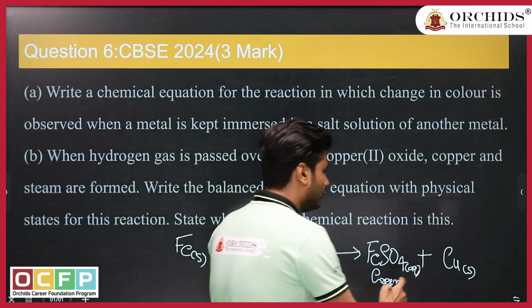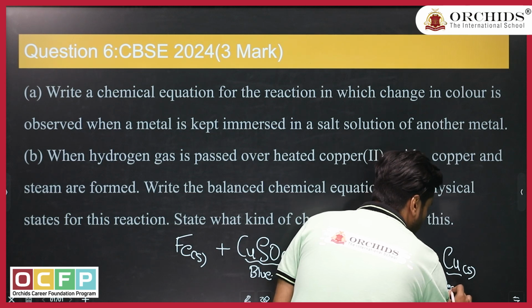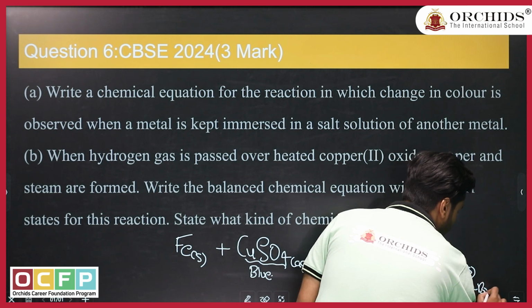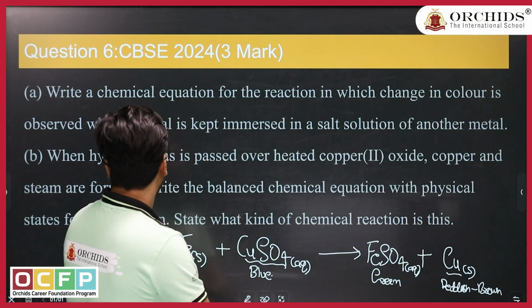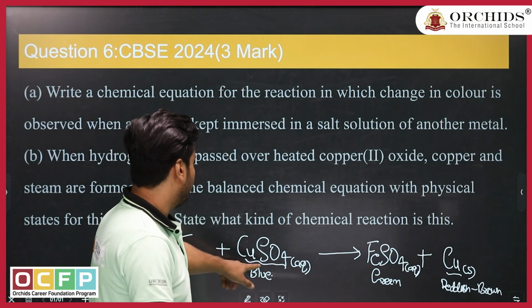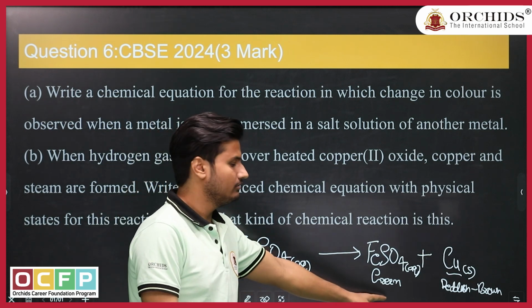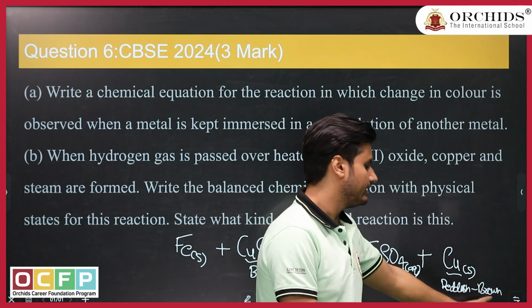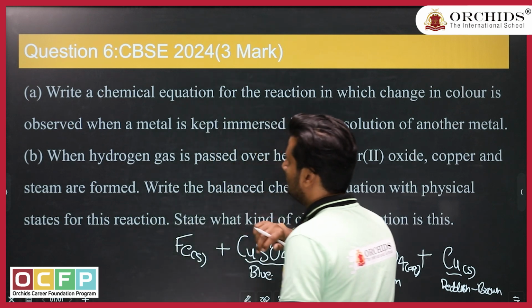And this copper is deposited, whose color is reddish brown. So this is one reaction of a metal in the salt solution of another metal, and the change in color is blue to green, and copper will be deposited as a reddish brown color. Let's take our second question.